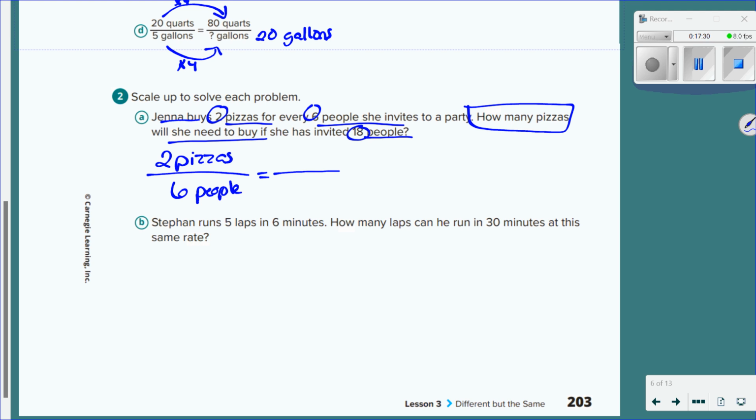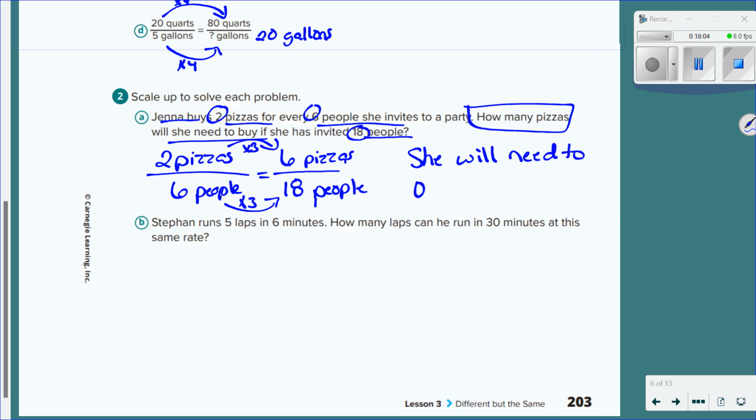What did they give us? 18 people. So I need to put it in the same place people is in my first fraction, so it's the denominator. So I'm going from 6 people to 18 people. What am I going to do? So 2 pizzas times 3? 6 pizzas. This is a word problem, so it needs a word answer. She will need to order 6 pizzas.